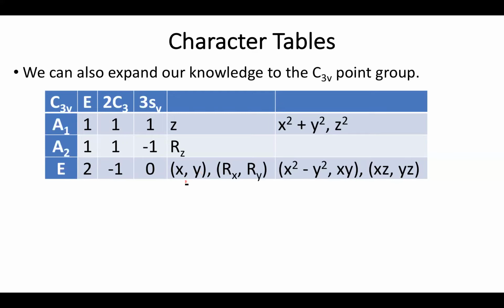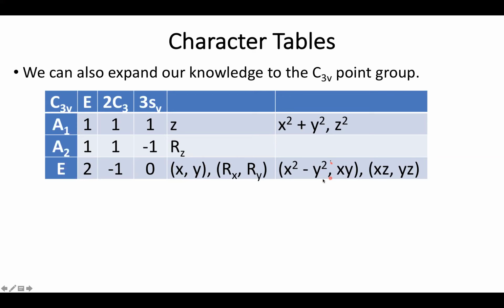So for example, the px and the py orbitals are going to be moving together in how they interact and behave in any molecule that has C3v symmetry, which is actually going to have a fair number of impacts that we're going to see later, including the fact that because their structures are going to be moving together, so are their energies. So our px and our py orbital in C3v symmetry are going to generate degenerate orbitals, both atomic and molecular.